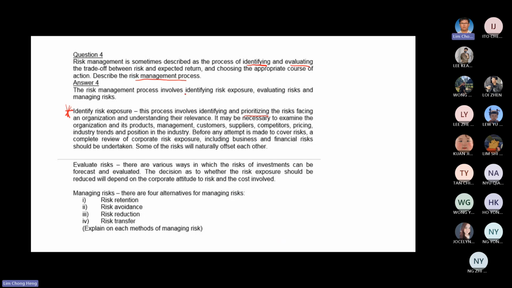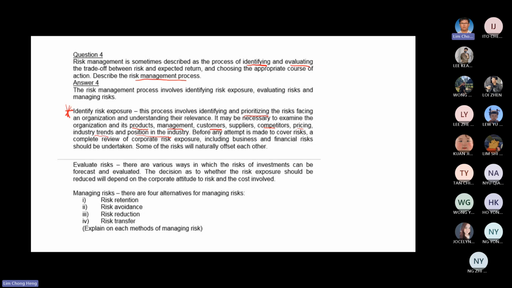How to identify? You can examine from your production, your upstream, your supplier, your management, your operation, your staff, and then you still need to explore the downstream: your customer, competitor, pricing, industry trend, and your position in the industry.